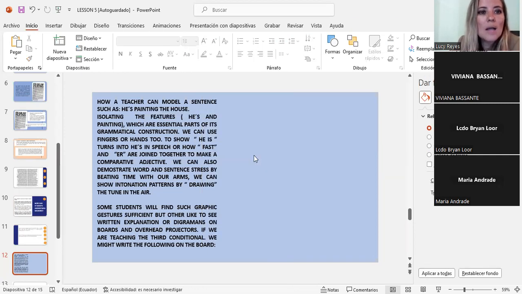Okay, how a teacher can model a sentence. He's painting the house. Isolating the feature, he's painting, which are essential parts of this grammatical construction. Dear teachers, how do you explain grammar?